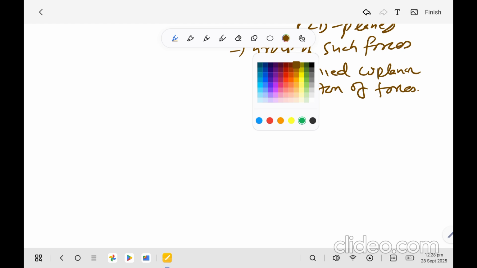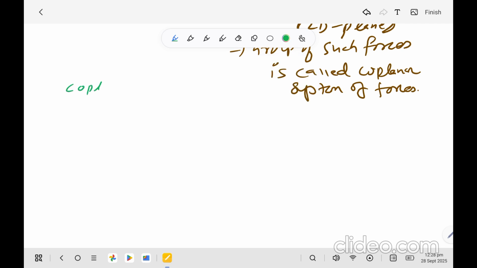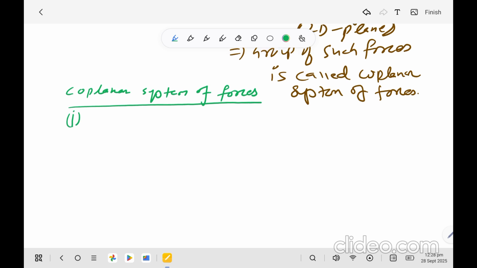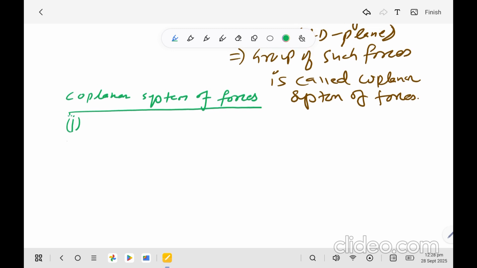So now coplanar system of forces, we can again divide into different groups. So first, collinear coplanar system of the forces.